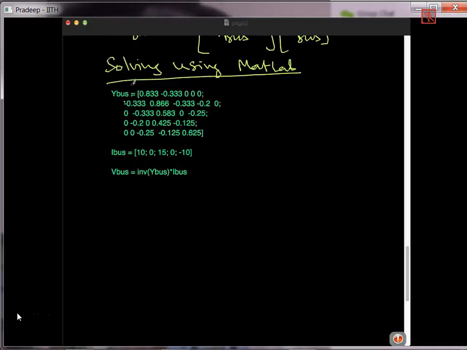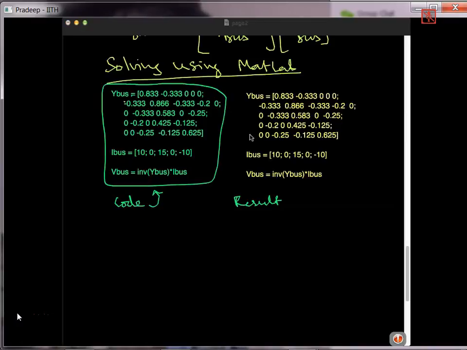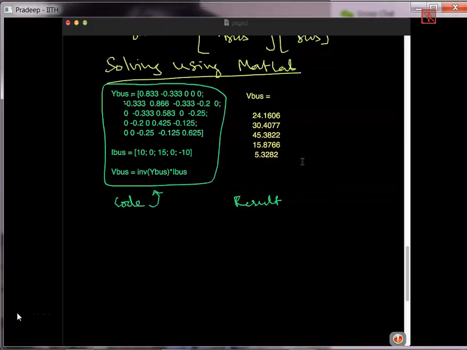So basically this is the code, this is the result. So what is the result I got? Basically I solved all the voltages.